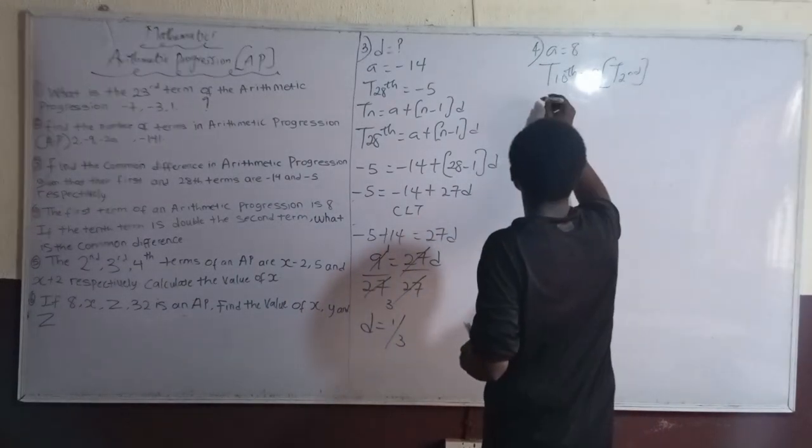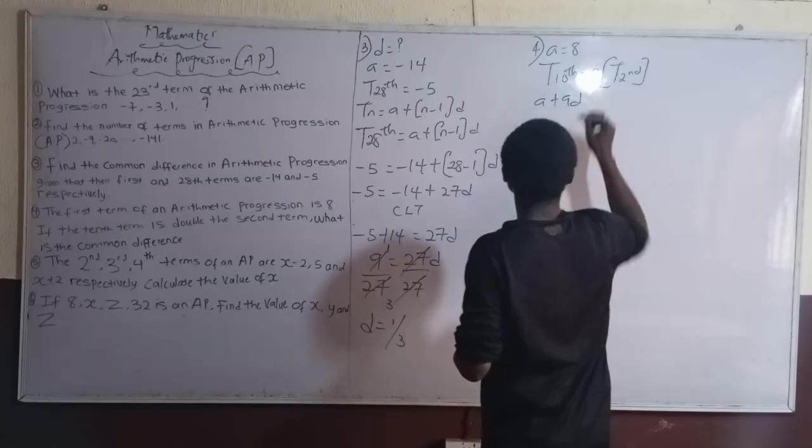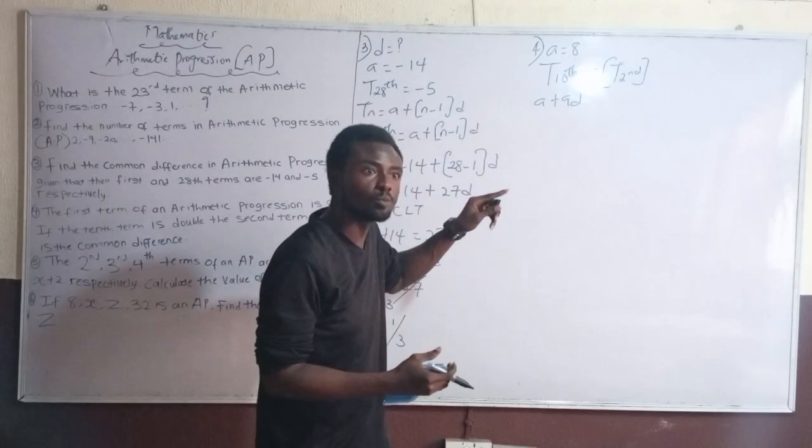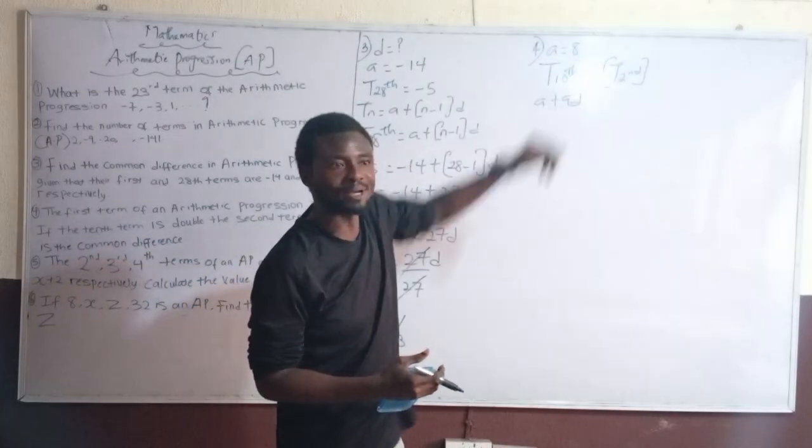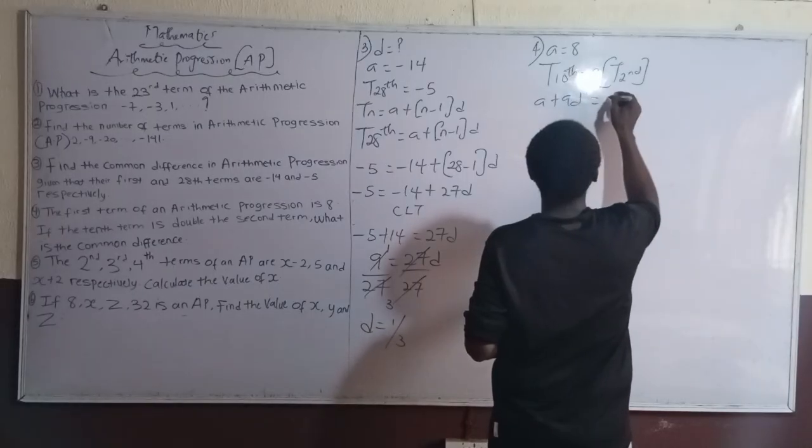My T10 is A plus 9d. Don't forget, my n was 10, that is 10 minus 1 equals 9.